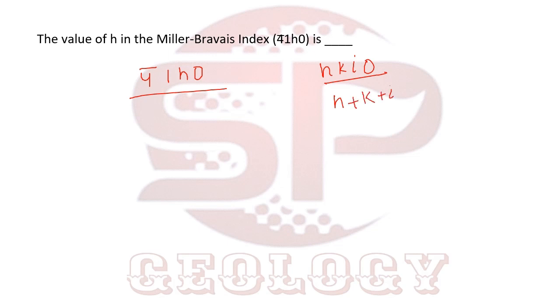Here the speciality is that H plus K plus I should be equal to 0. So if you have 4 bar, that is minus 4, plus 1 plus H, it should be 0. That means H will be 3 here, the answer will be 3.